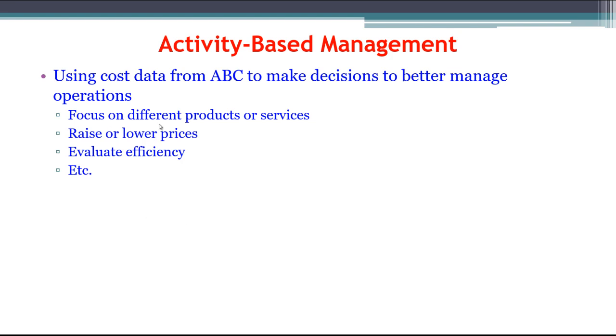Again, as I said earlier, in the example we saw earlier, you might decide to focus on different products. You might decide to increase or decrease your prices. You may need to look at evaluating the efficiency if you're using too much of a particular cost driver. So those are just a few examples of changes that might be made, but that's activity-based management.